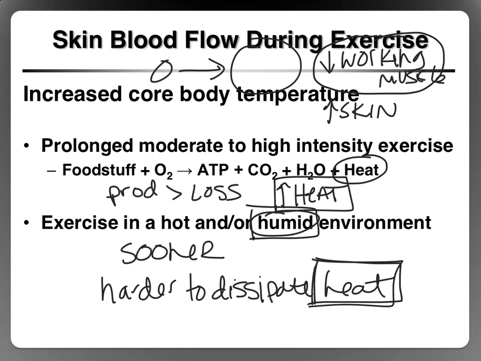Okay, you're going to be delivering less oxygen, glucose, fat, and you're going to be removing less lactic acid, hydrogen ions, and CO2. And this is going to have an effect on performance. So you can see why when the environment is hot and or humid, your performance is going to suffer.